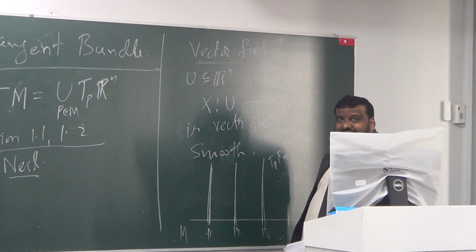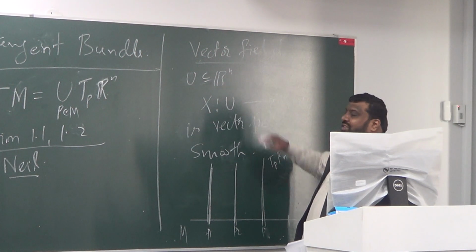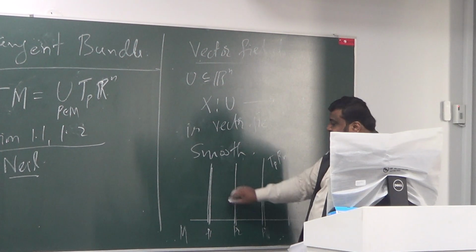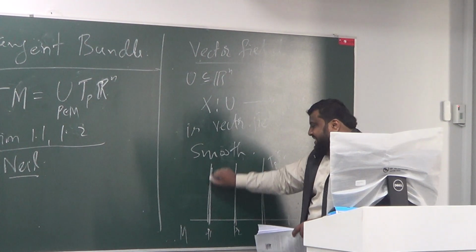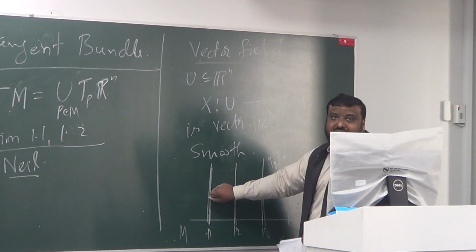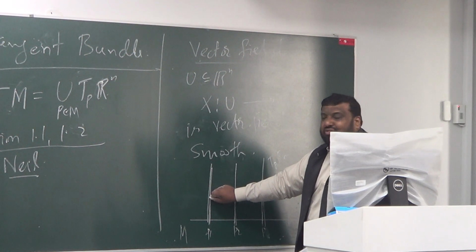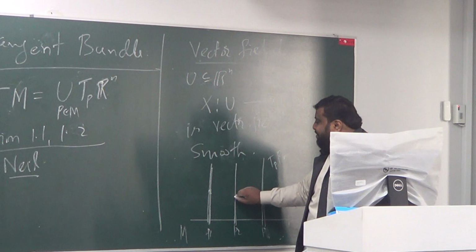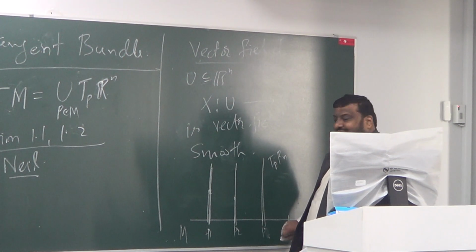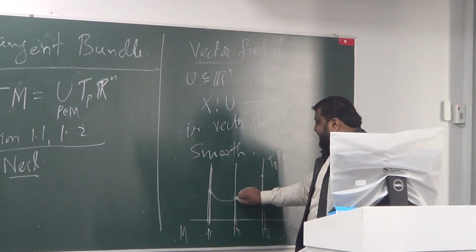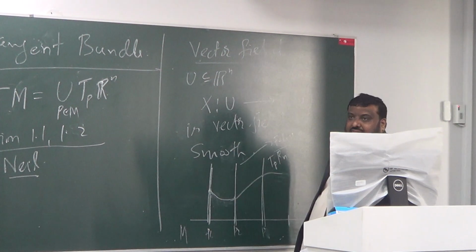Are you getting the point? Yes. Okay. And how is the vector field going to look? Okay, so in this line every point is not a point but a tangent vector actually. So how is the vector field going to look? Take a point from here and a point from here and a point from here, and that's your vector field.